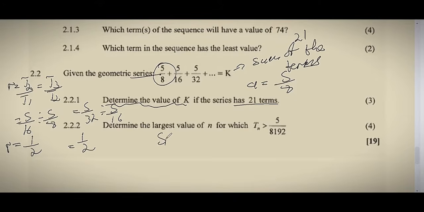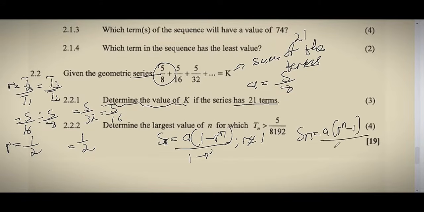So that means you can go ahead and say Sn is equal to a. Now note, you have two equations when it comes to this. You have that, where your r must not be equal to 1 because it would be undefined. And then another one that you have is Sn equals a(r^n minus 1) over (r minus 1), where again r must not be equal to 1. It will be undefined.